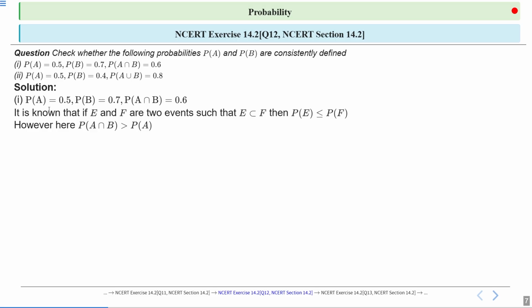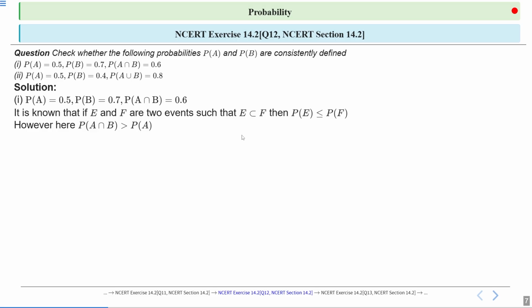So you can easily check here that probability of A is less than probability of A intersection B, but you all know A intersection B is a subset of A. So A intersection B is a subset of A, but P of A is less than P of A intersection B. That means A and A intersection B are two events, and A would be a proper subset of A intersection B, but A intersection B is a subset of A.